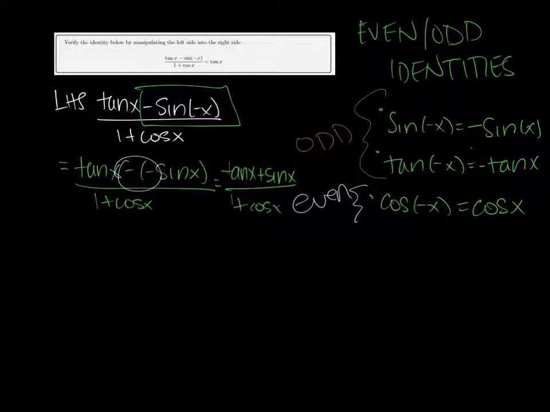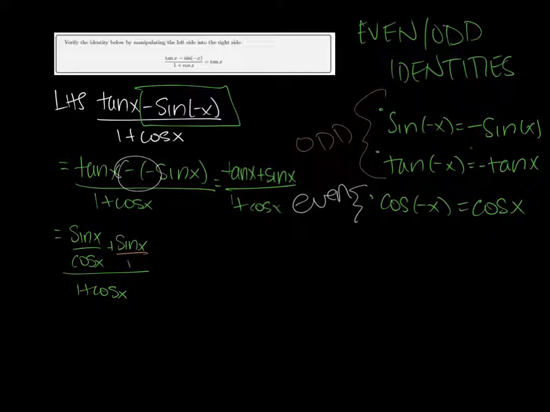The next thing we want to do is write everything in terms of sine and cosine, so that tangent x in the numerator becomes sine x over cosine x plus sine x divided by 1 plus cosine x. So we need a common denominator in order to add these two.